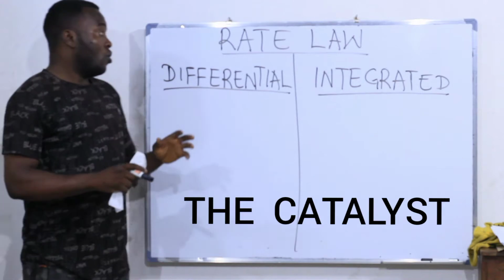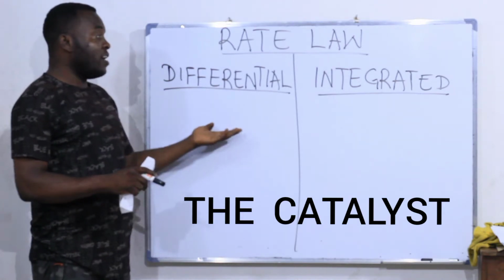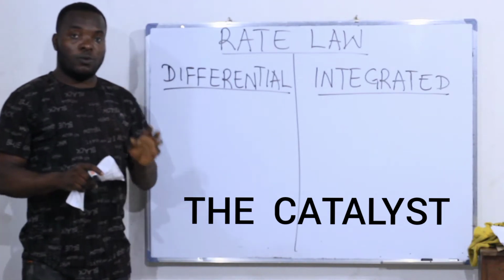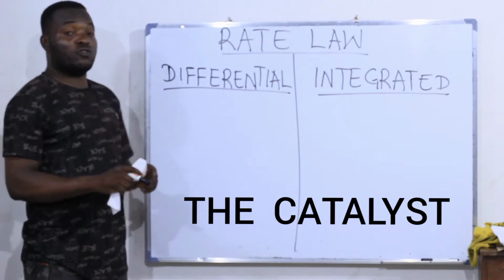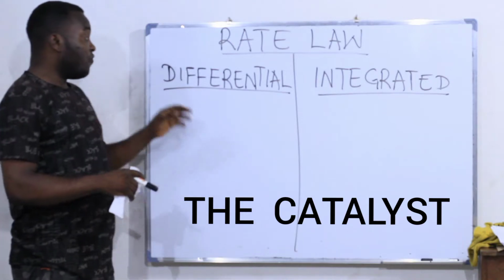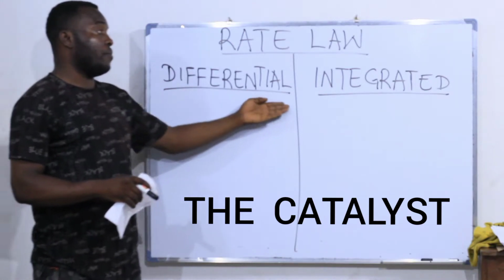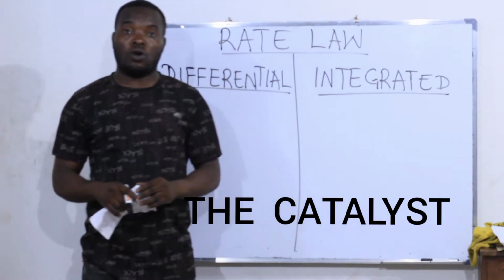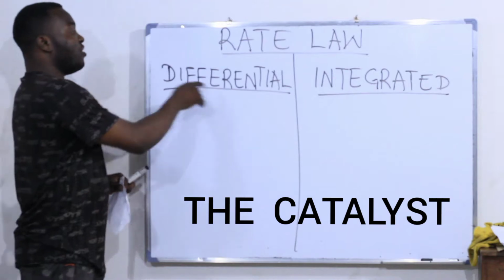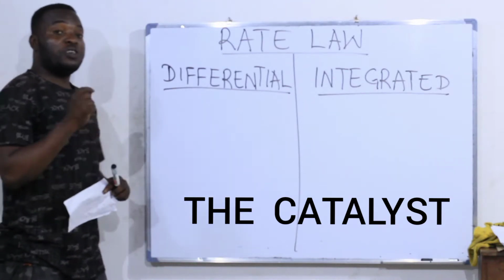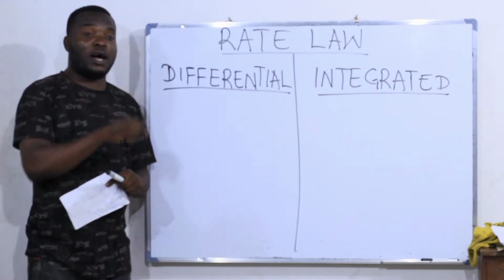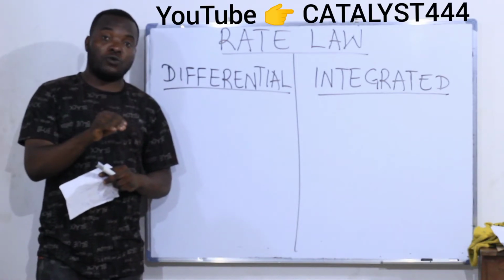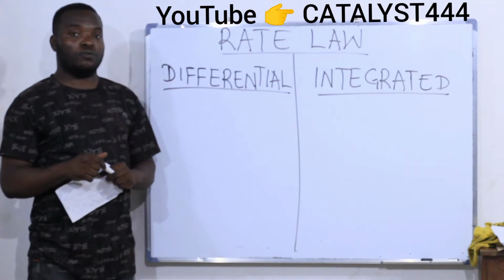In this class, we are going to write the two forms of rate law expression. Remember, there are two methods of writing the rate law expression. The first method is the one we call the differential method, while the second one is the one we call the integrated rate law expression. The differential rate law expression is the formula that shows the relationship between the rate of a chemical reaction and the concentration.